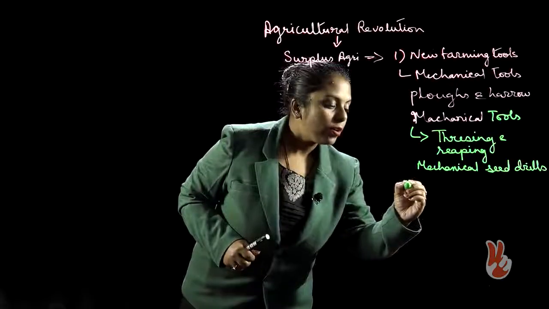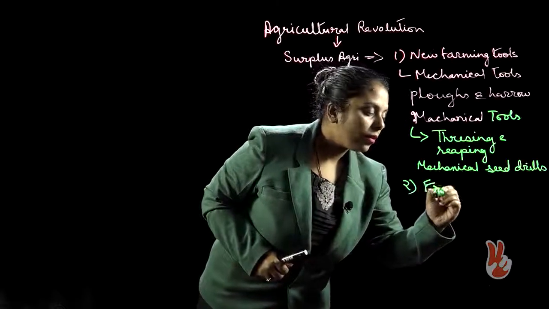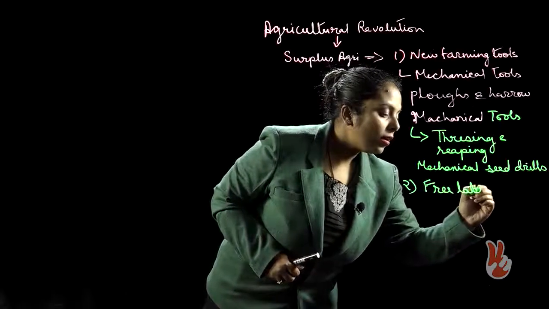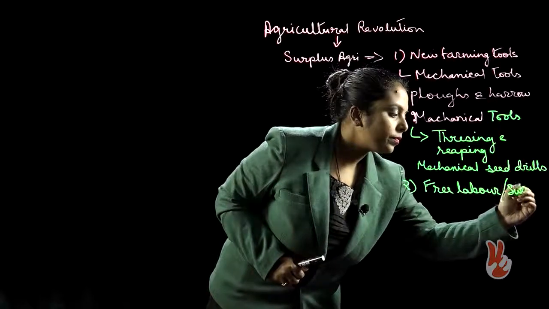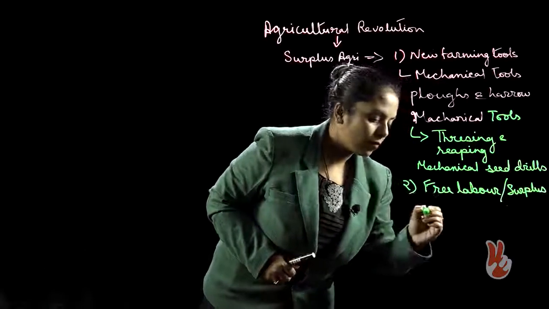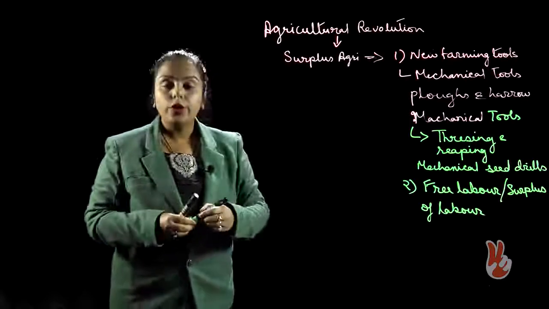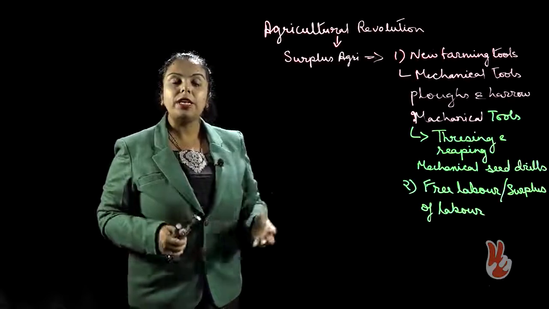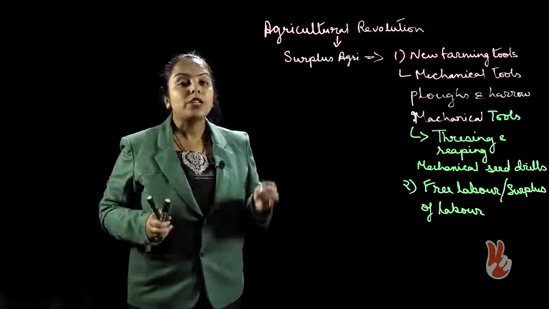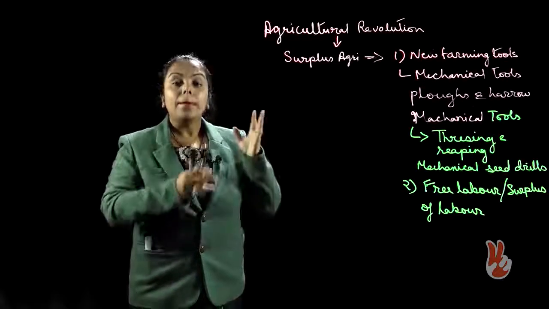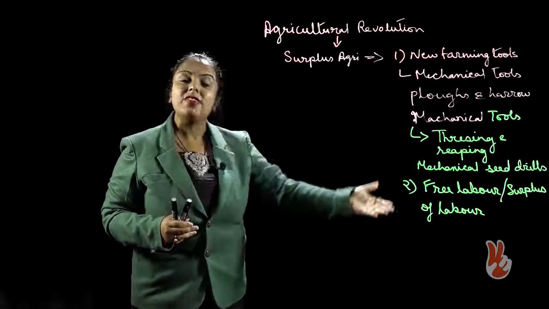The next important aspect was free labor, or surplus of labor. As I told you, with the use of machines, the agricultural activities could now be accomplished in less time. This gave farmers enough time to engage in secondary activity.